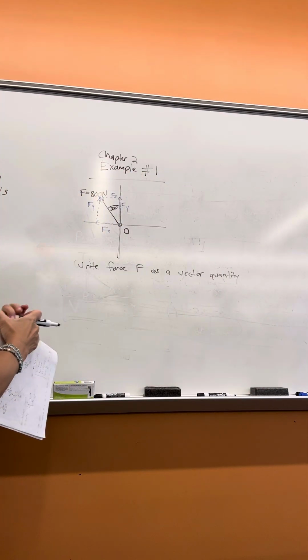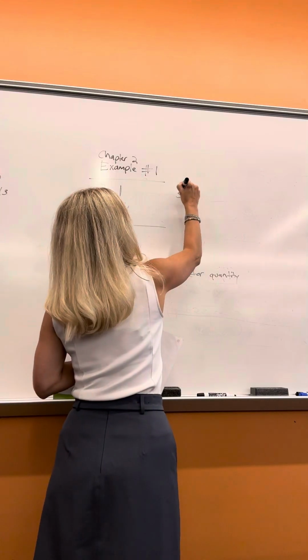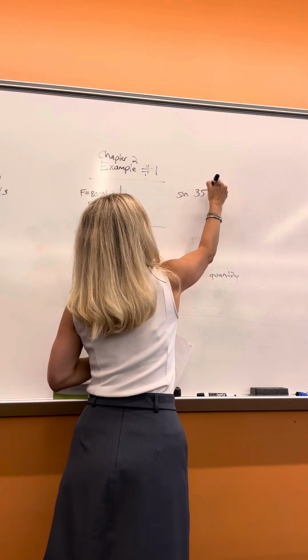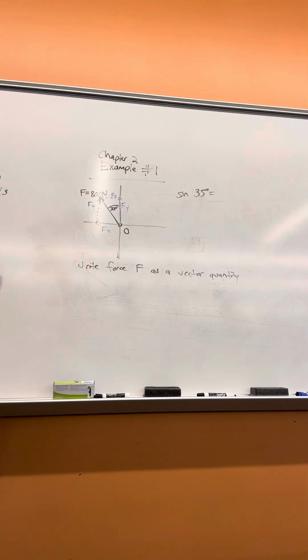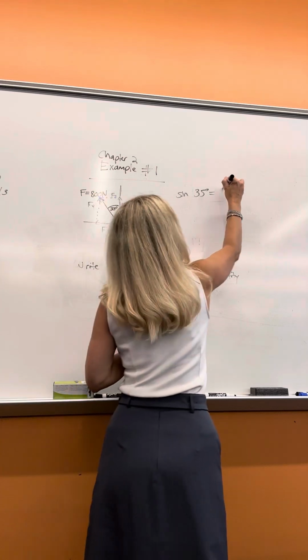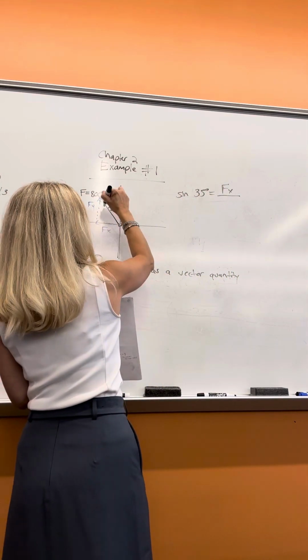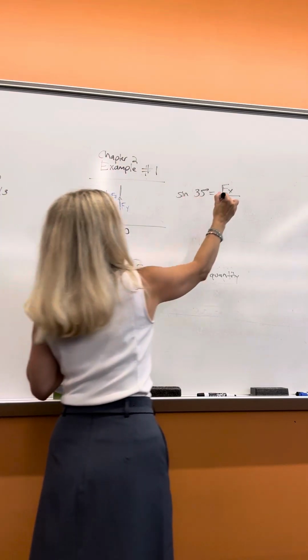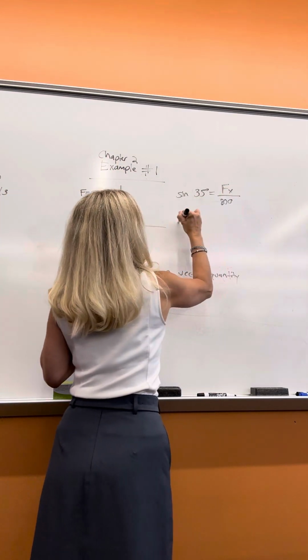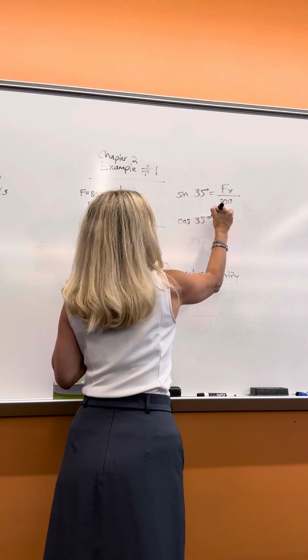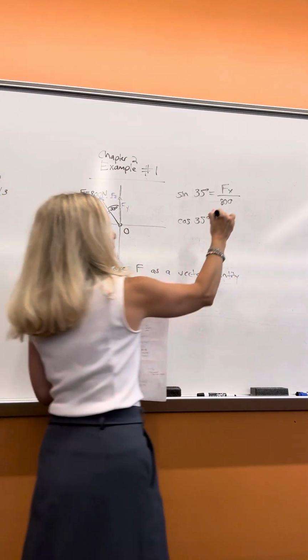Sine of 35 is going to equal which component? Fx, the scalar in the x direction, over the total, 800. And then the cosine of 35 is going to equal Fy over 800.